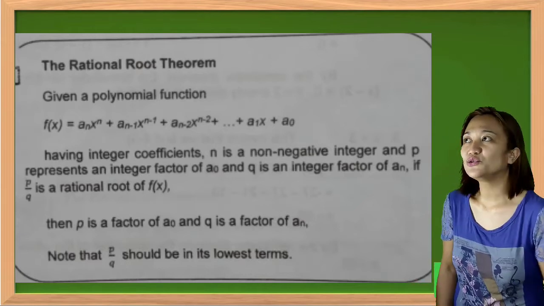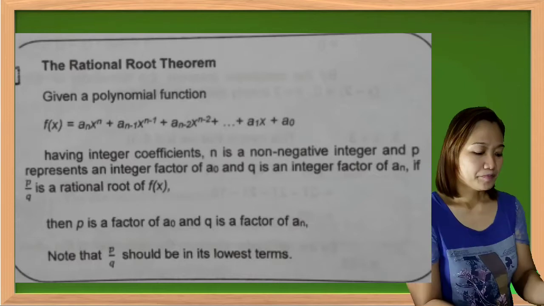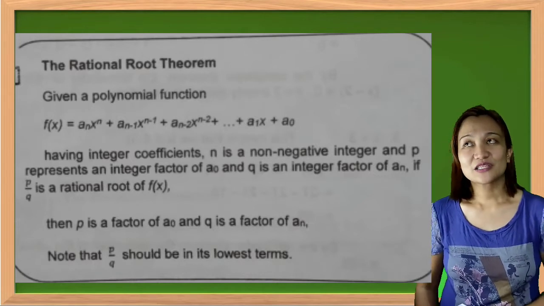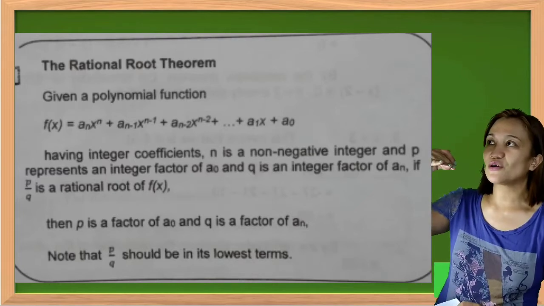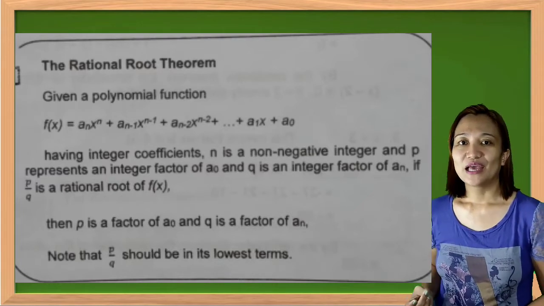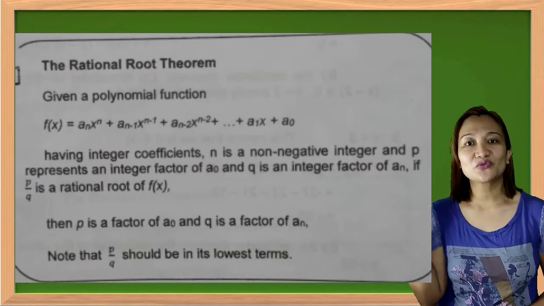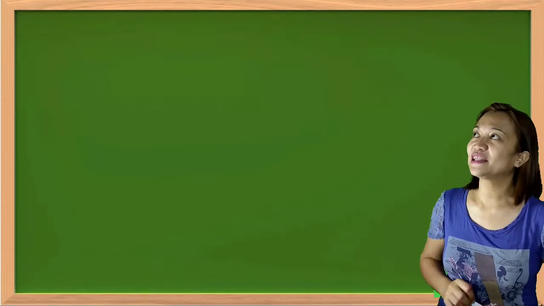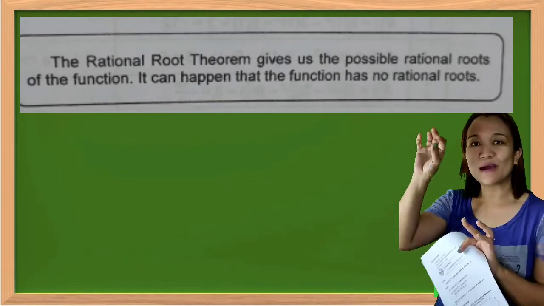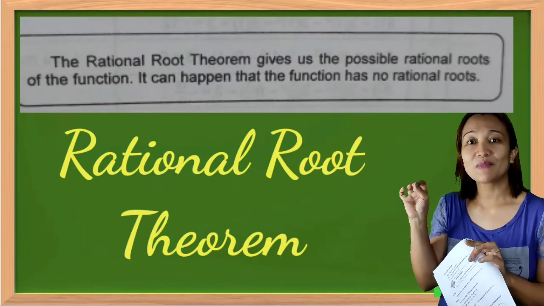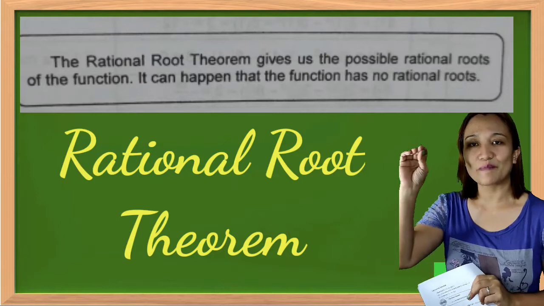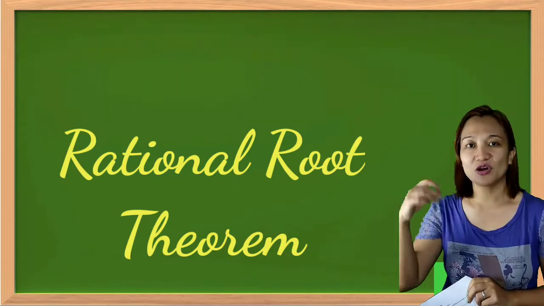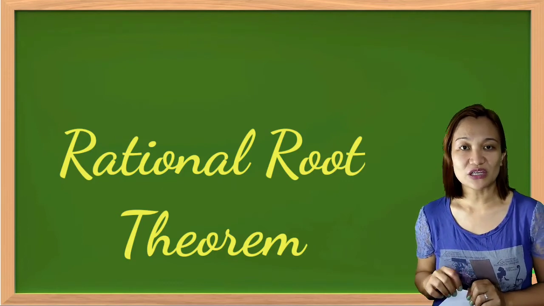So, all we have to do here in applying the rational root theorem is to find the factors of the constant term and the factors of the leading coefficient. Okay? And then, you identify or you will match. Magmamatch kayo. Gagawin nyo siyang P over Q lahat. Okay? So, it will be constant term over the leading coefficient.